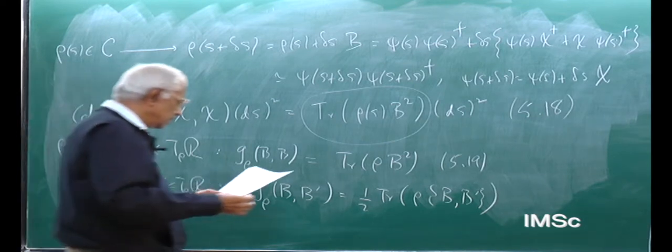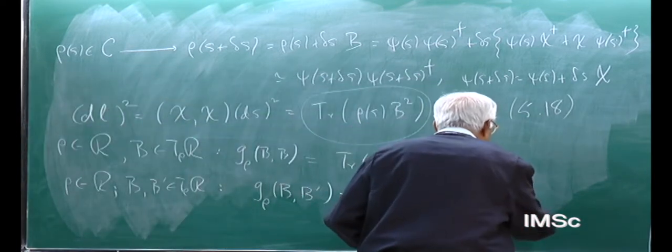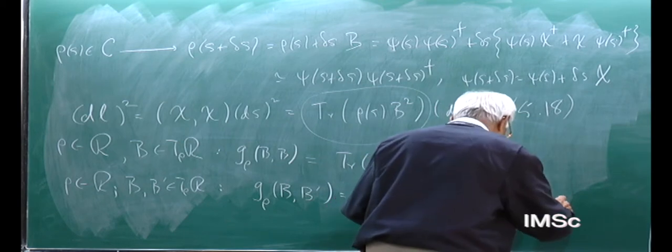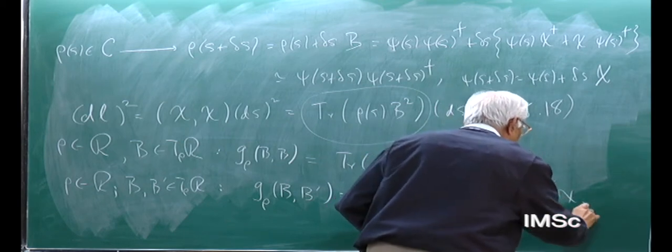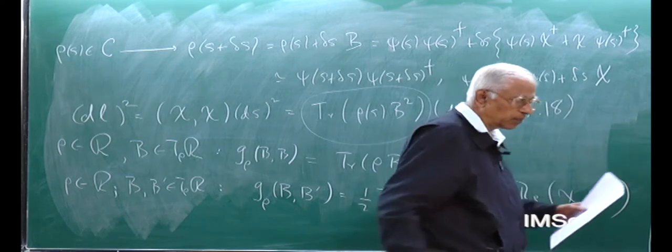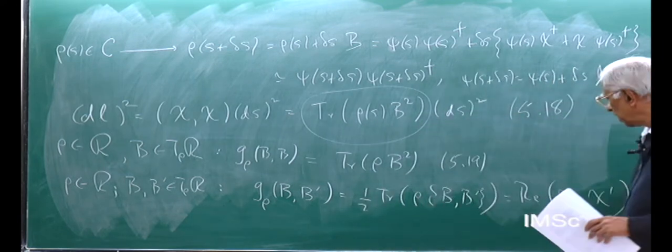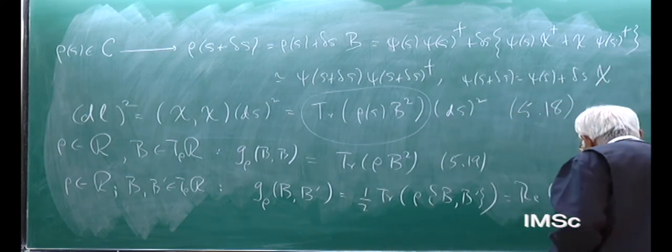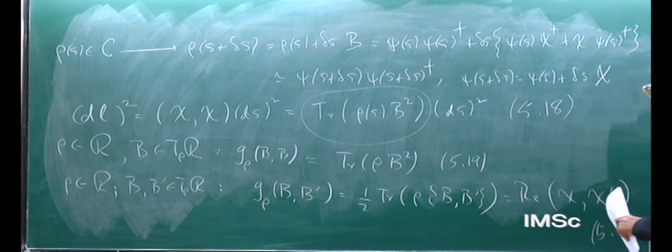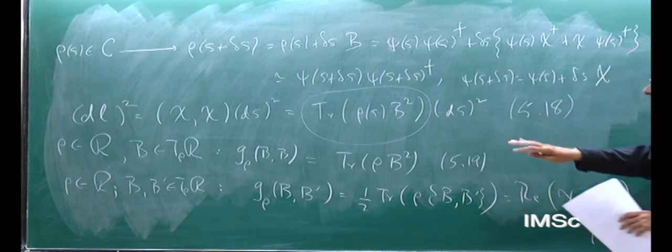So you put all this into the machinery, and this will turn out to be the real part of the inner product of chi with chi prime. I am repeating, this is a very simple calculation. So please go through these steps.